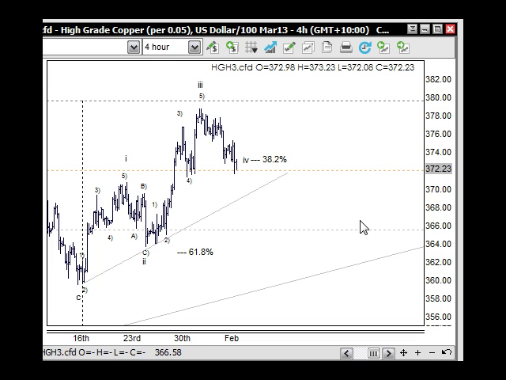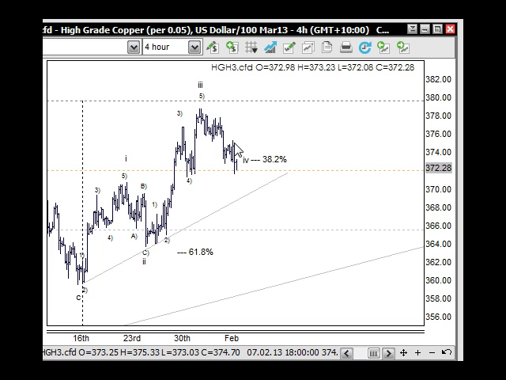Now, the copper market, we were looking at a wave 4 here, and we were looking for it to come back 38.2%, or to the 33.72 number here. That's pretty much occurred now. It does look a little bit bearish in the sense that this obviously looks like a third wave in through here.